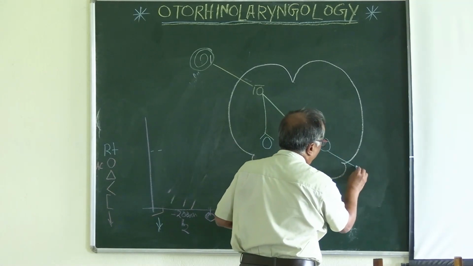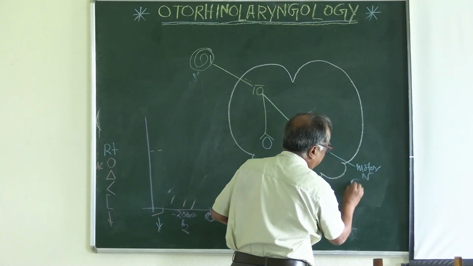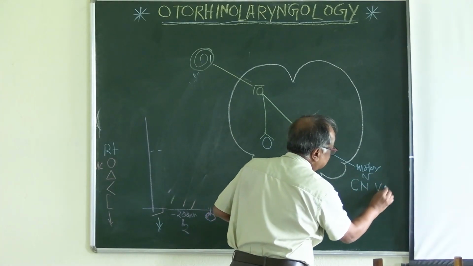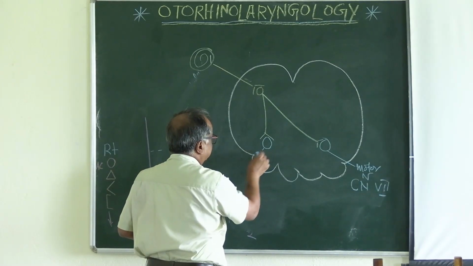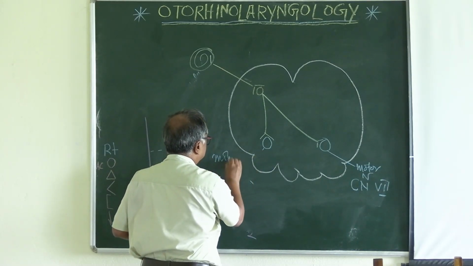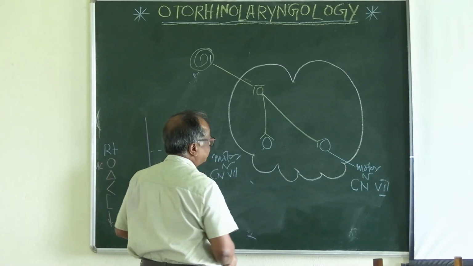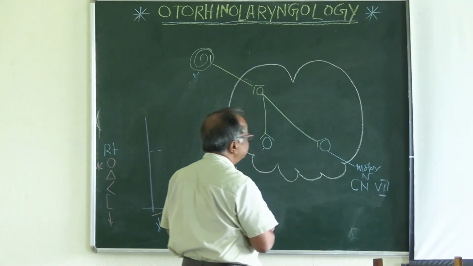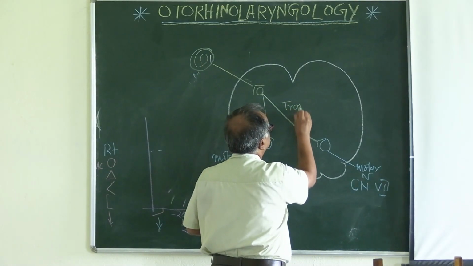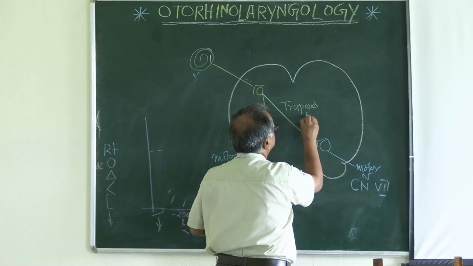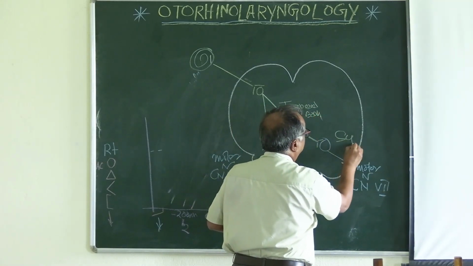This is the motor nucleus of cranial nerve 7, the facial nerve. That is the motor nucleus. Cranial nerve 7. Here is the trapezoid body. Superior olivary complex.